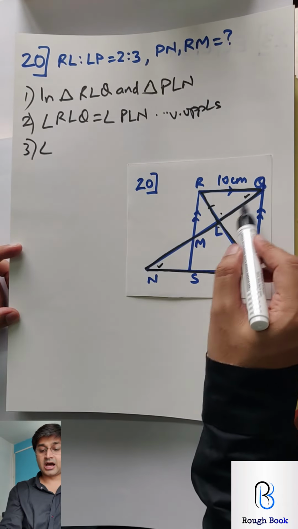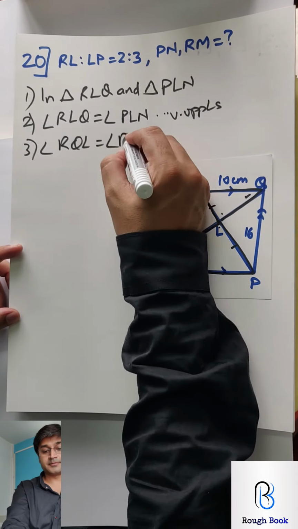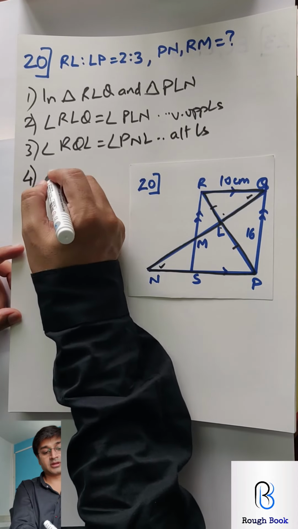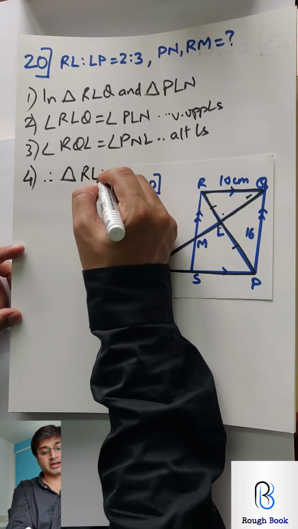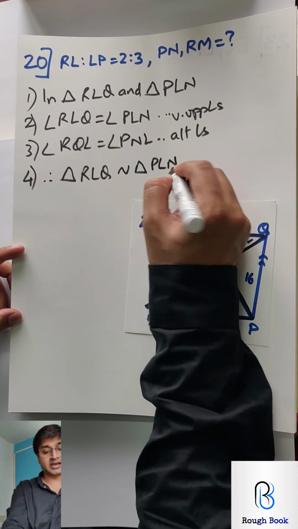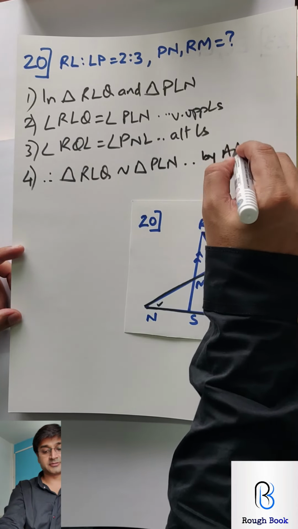Further, angle RQL equals angle PNL, alternate angles, and therefore triangle RLQ is similar to triangle PLN by AA test. So we have successfully proved the two triangles similar.